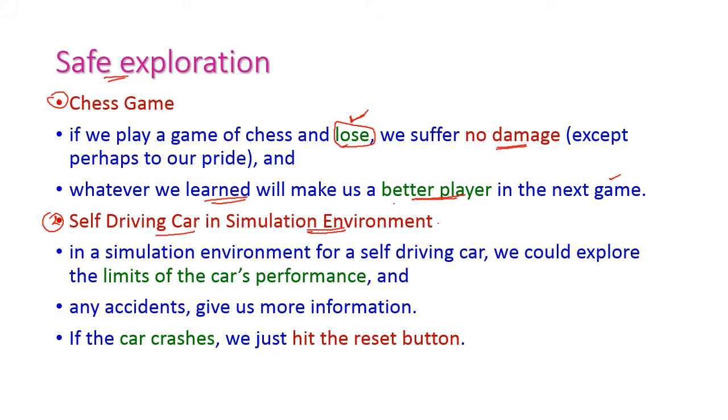The car is driving only on our computer, right? So we can explore the limits of the car's performance, and if any accident happens, okay, no problem, the accidents will give more information. If our car crashes, no problem, we immediately press the reset button and we get a brand new car, isn't it?